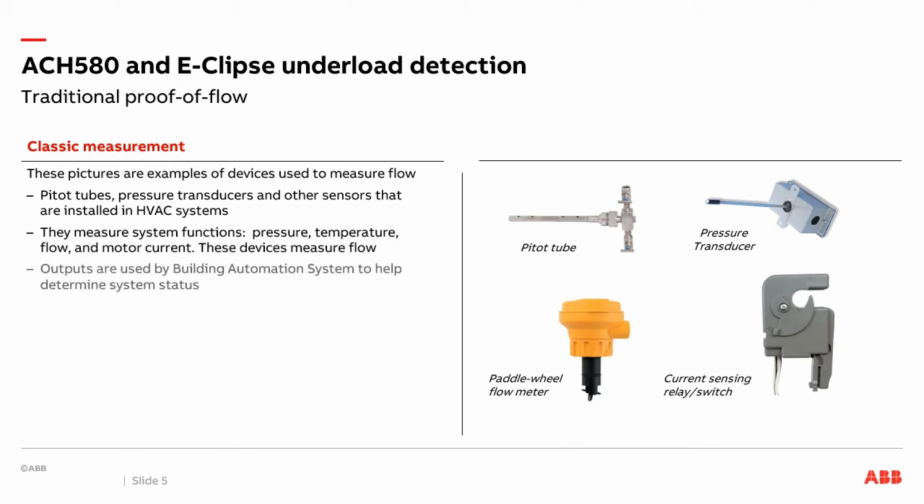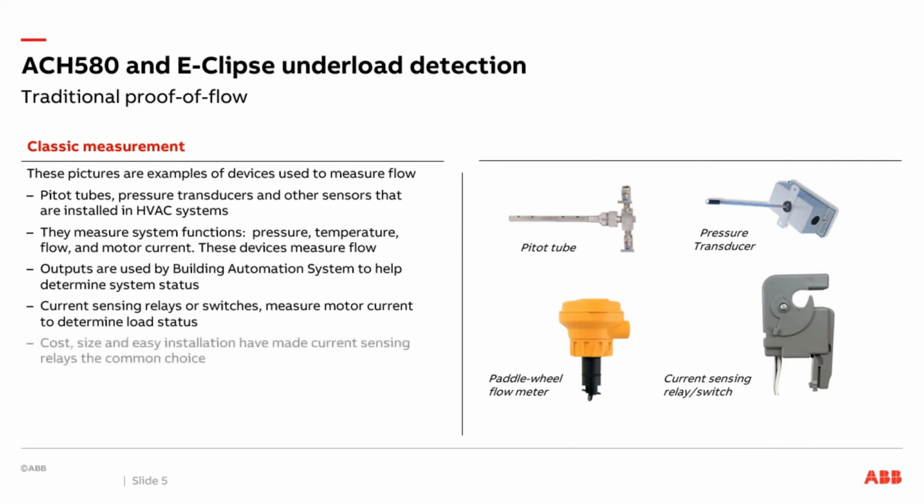Then the device output is used by a building automation system to help determine if the system is working correctly. Current sensing relays use motor current to determine load, and due to the cost and the ease of installation, they are the prevailing choice for BAC contractors.